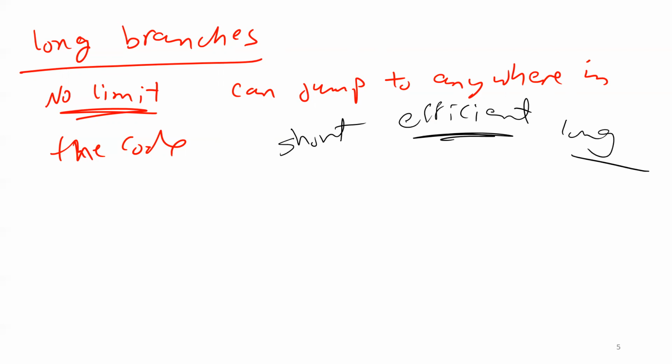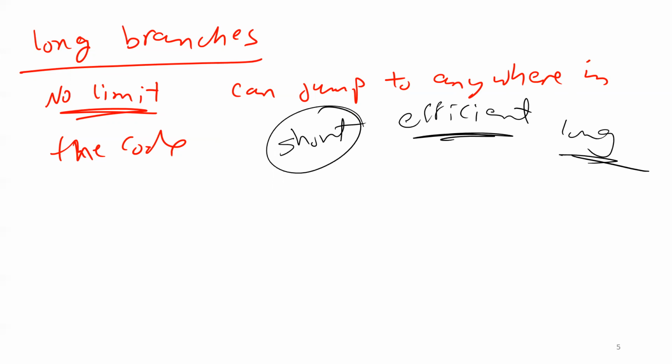So if you care about efficiency, it's better to use short than long, if you can. Sometimes if you want to make a big jump, you don't have a choice, so you have to use long anyway. But if you have the choice and you care about efficiency, you should use short. I'm going to tell you why.